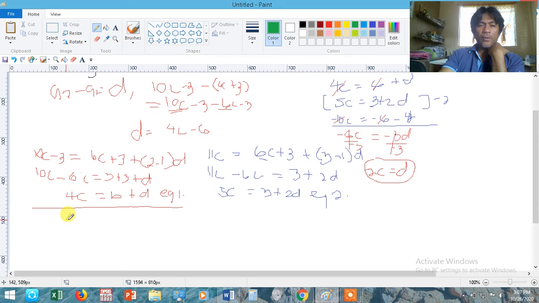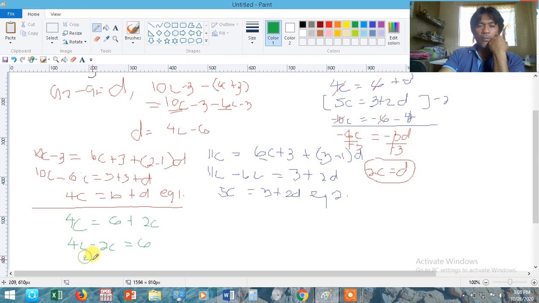So, we have 4c equals 6 plus, ang d na to is 2c. So, compose it. Then, transpose. So, kaning 2c will become negative 2c since we are looking for c equals to 6.